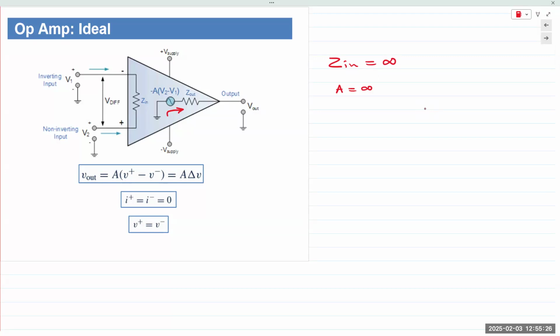And then V out, of course, is A times (V2 minus V1). Now here, in this image, V1 is referring to the inverting input, and V2 is referring to the non-inverting input.